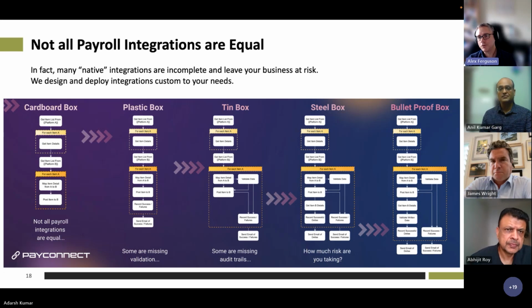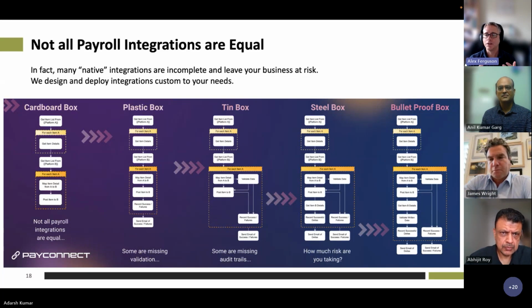And as we move even further to the right, we look at the bulletproof box, the design that chooses to not trust even the target system to update its own data. Not only do we write data into a payroll solution, but we also then read that data back and make sure that the data that we wrote in there is the data that we get back.